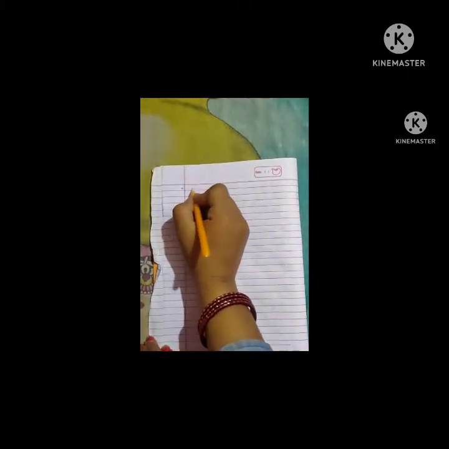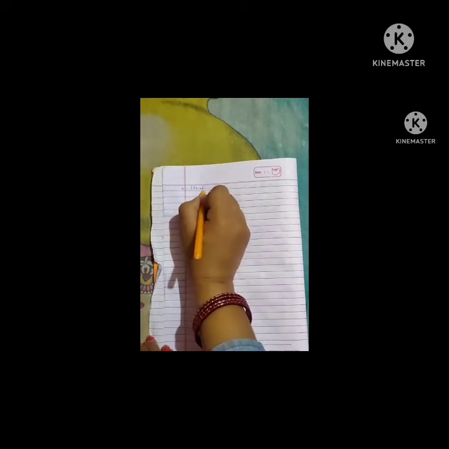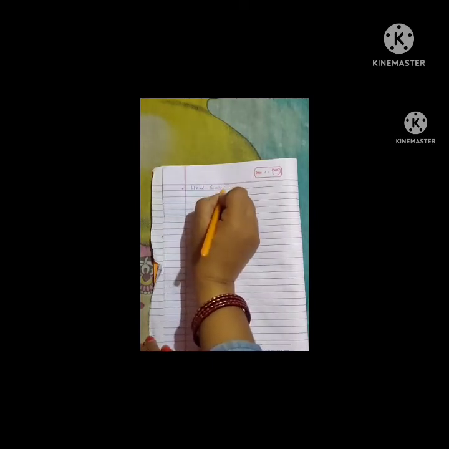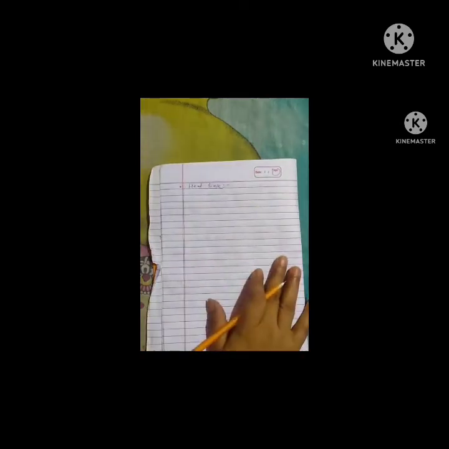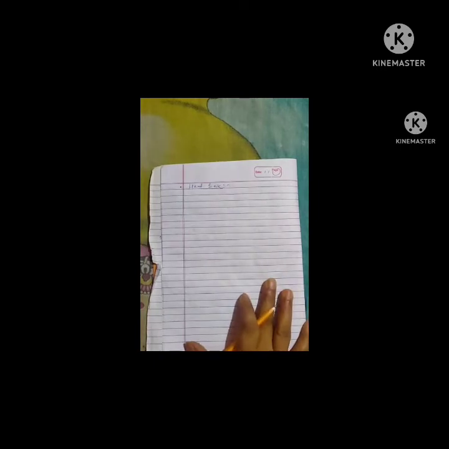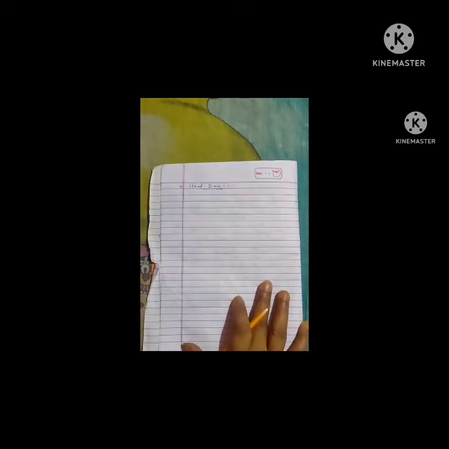Our next internal component is the heat sink. Now, what is a heat sink? Let me first explain it to you. Inside the CPU, there are various components that are working continuously.